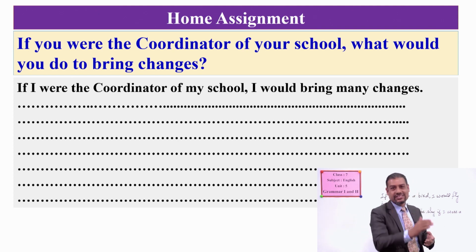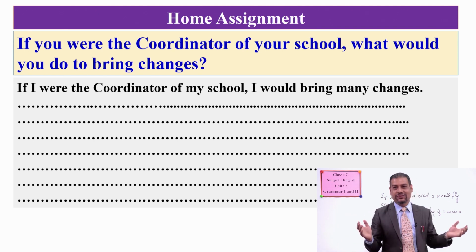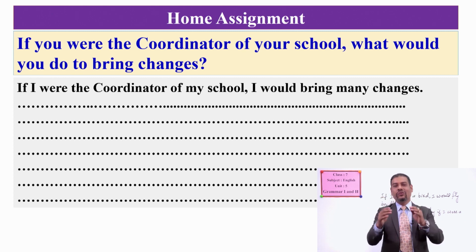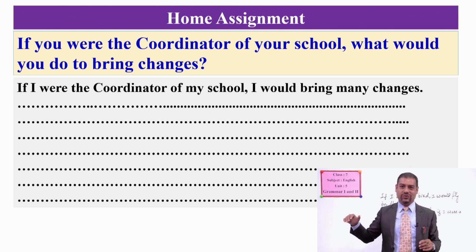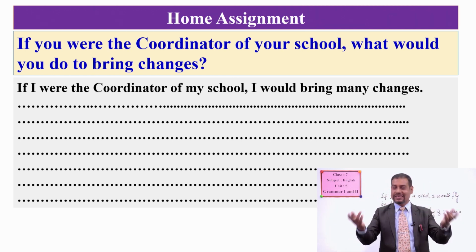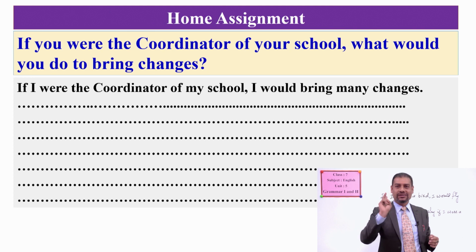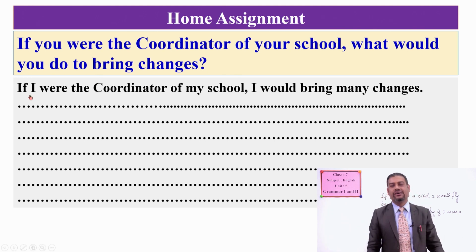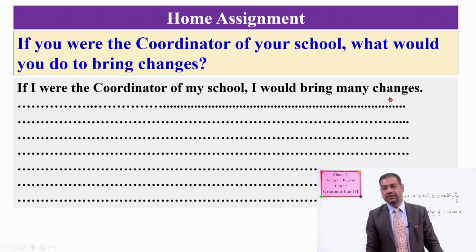Now you are just a student, aren't you? If you were the coordinator, then what changes would you bring in your school? It is imagination. Okay, so to express your imagination, you have to use conditional sentence type 2, and you can begin your writing like this. If I were the coordinator of my school, I would bring many changes.